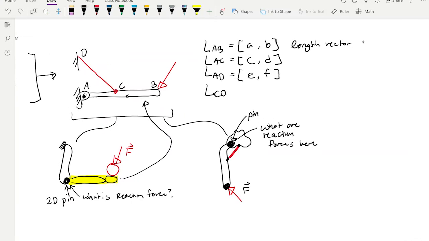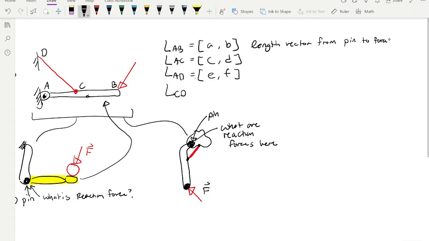Let's describe it generally: the length vector from pin to force, or external force. So then this one is LAC. This is the length vector from pin to muscle insert on, let's say, region of interest, right?